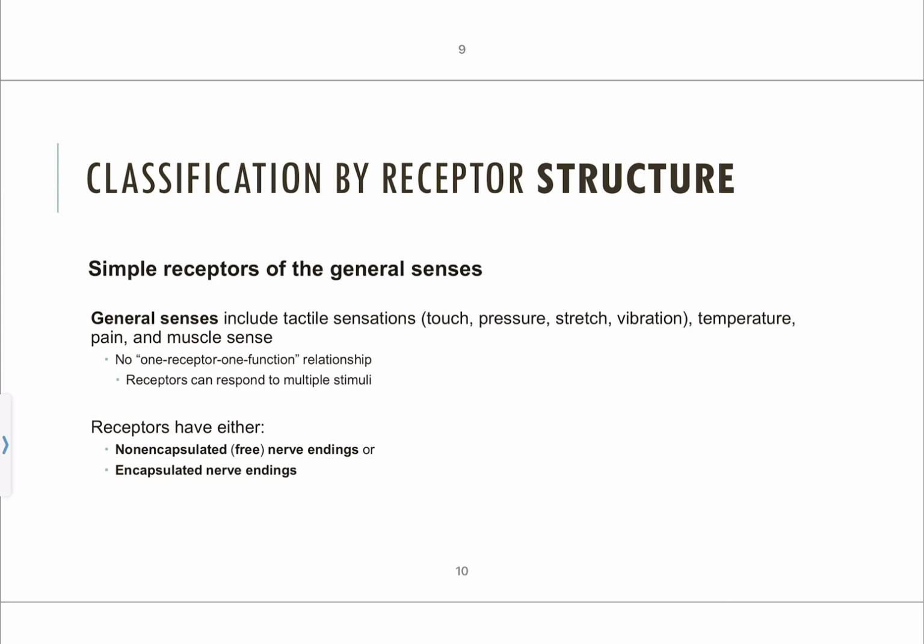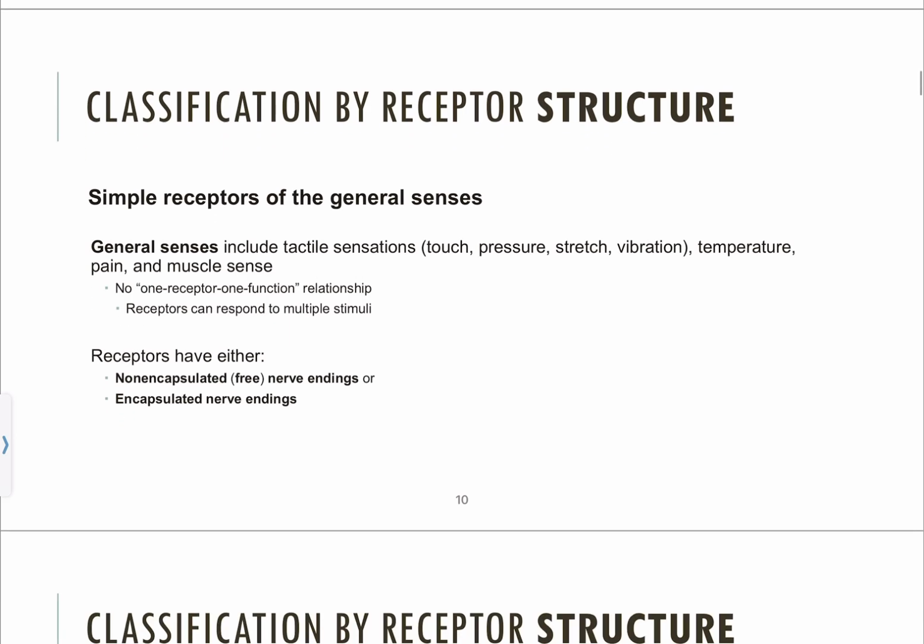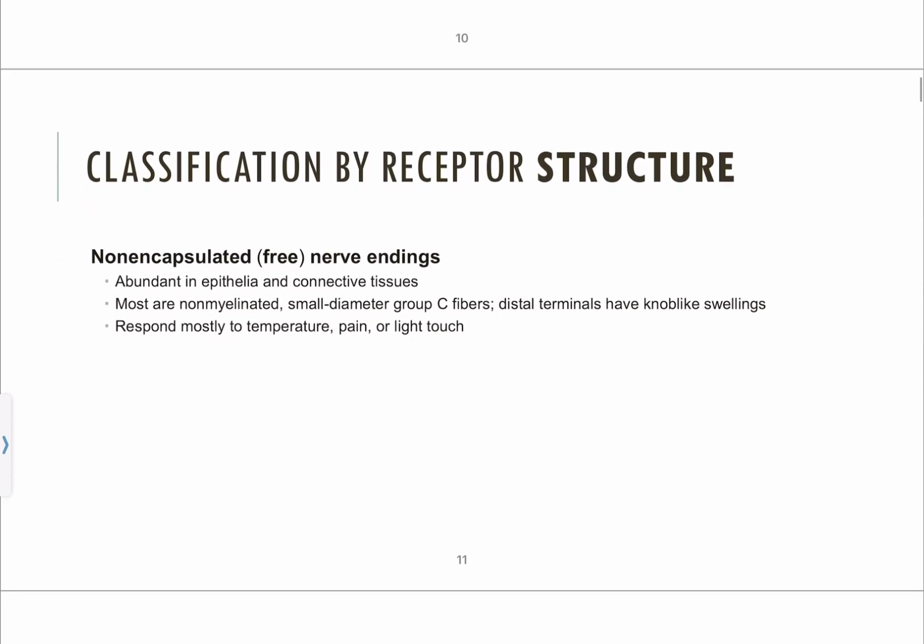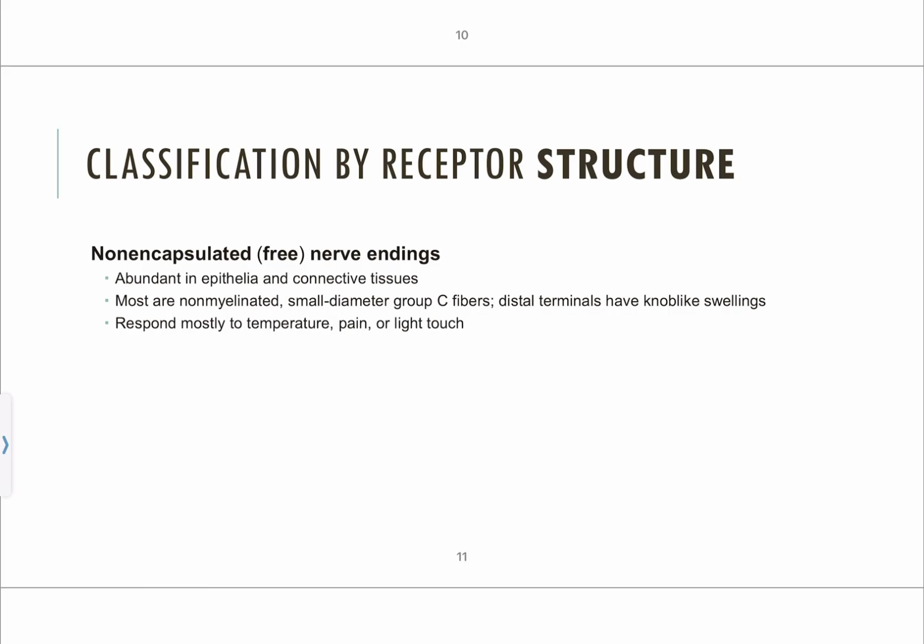When we classify these simple receptors by structure, the way that we group them is based off of their nerve endings. So we can either have non-encapsulated or free nerve endings, or encapsulated nerve endings. So non-encapsulated free nerve endings, most of these are going to be in our epithelial and connective tissue.